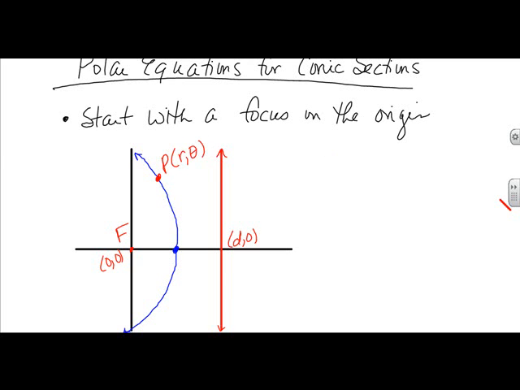The distance from P to F will be the directed distance r. Of course, this would be the angle theta, the angle made with the x-axis there. The distance from P to the directrix is still going to be PL.